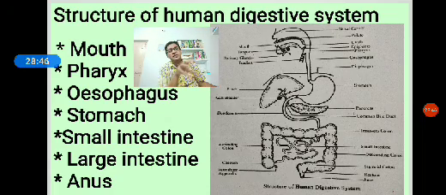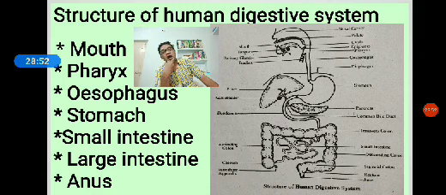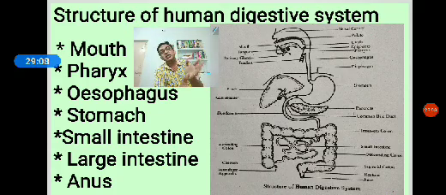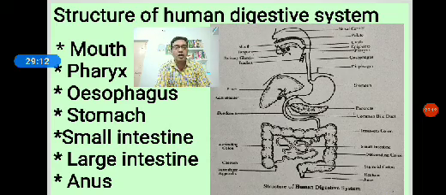The maximum digestion takes place in the small intestine, and after digestion, absorption also takes place. After the absorption of the essential energy nutrients, the non-essential nutrients or undigested food molecules enter into the large intestine.